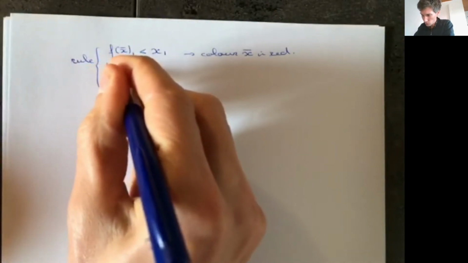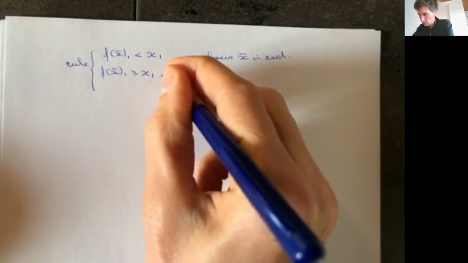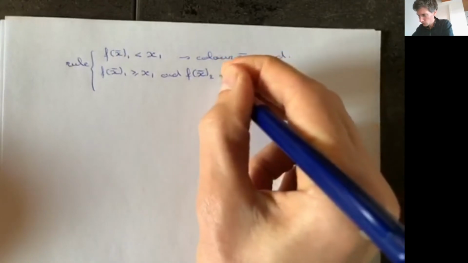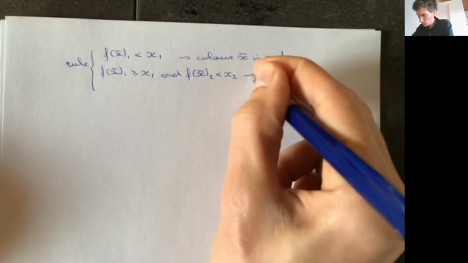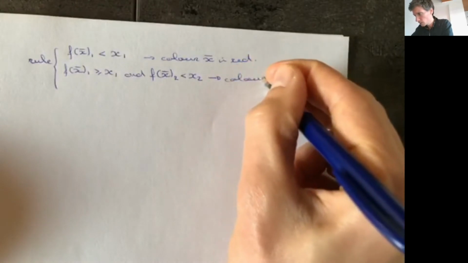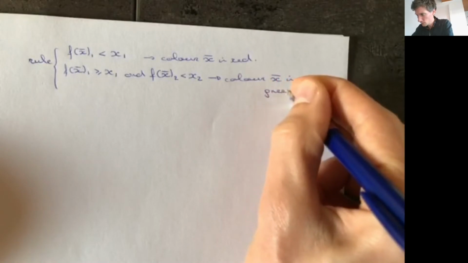If f of x1 is greater or equal to x1 and f of x2 is smaller than x2, well, then I'm going to color x in green, let's say.